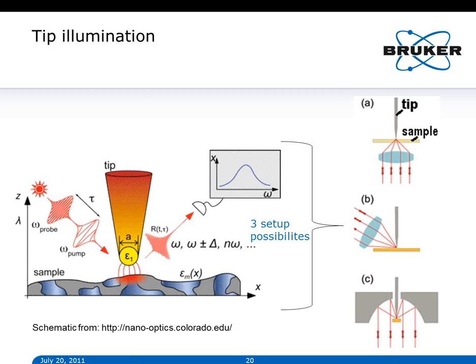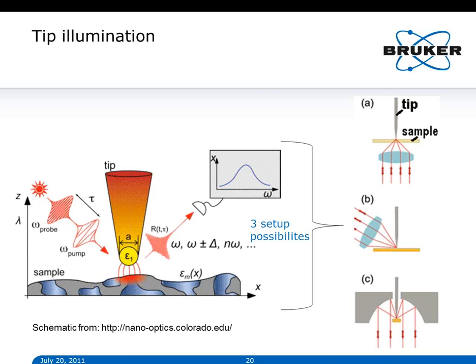So you have a sharp tip, sharp meaning somewhere between 1, 2, and maybe 20 nanometers or so, and you illuminate it with light, and then the tip enhances the optical field that is present, and some light is scattered back, and you can collect a variety of information here.